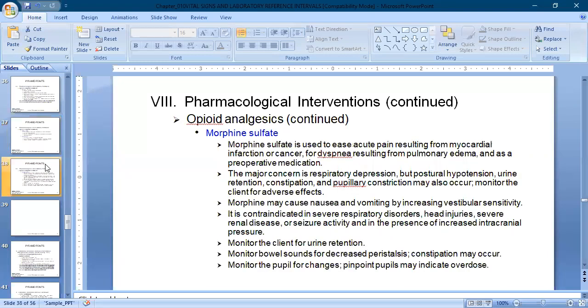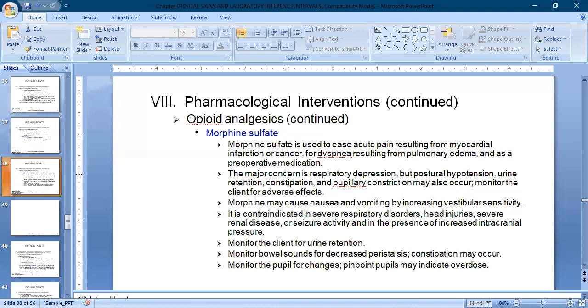And here, the last opioid on this page, morphine. Morphine sulfate is used to stop acute pain, like in myocardial infarction. So in case of myocardial infarction, we use morphine, oxygen, nitroglycerin and aspirin.